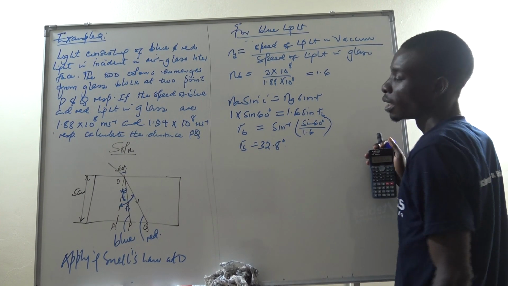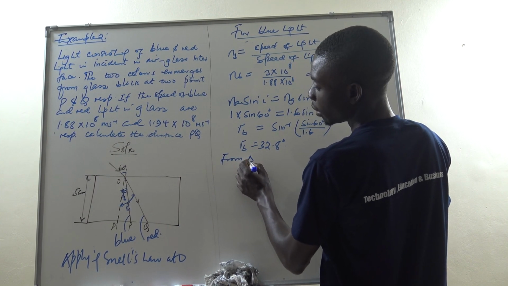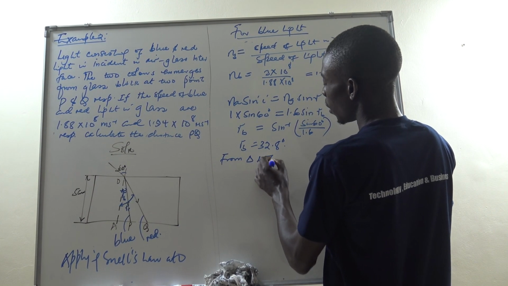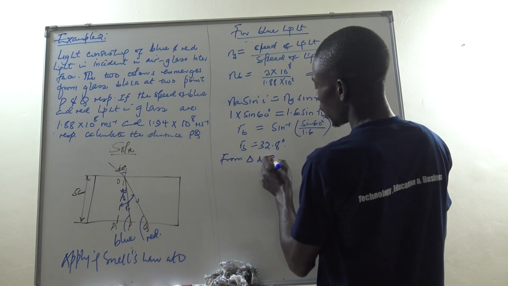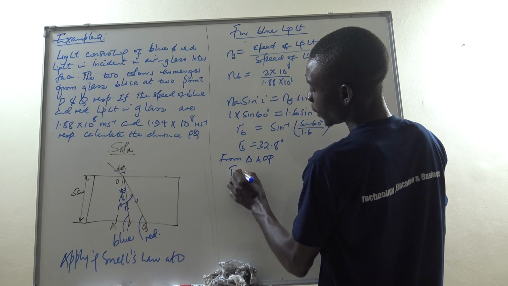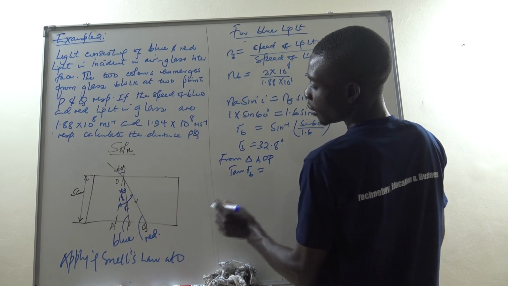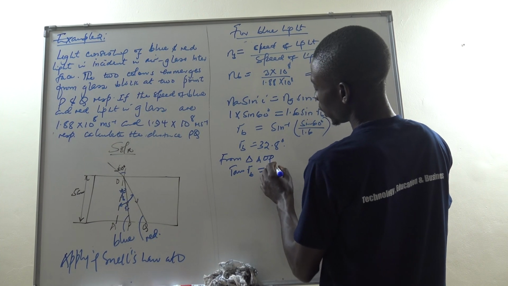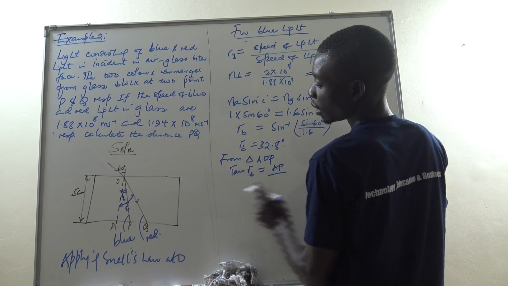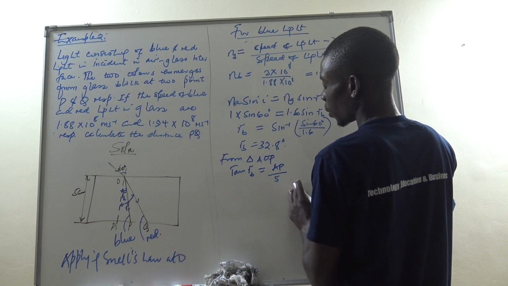This gives me 32.8 degrees. Then from triangle AOP, tan of R B equals opposite over adjacent, which is AP out of 5.